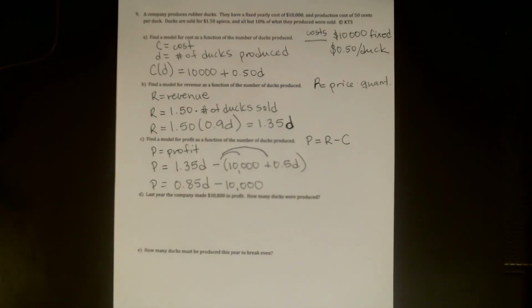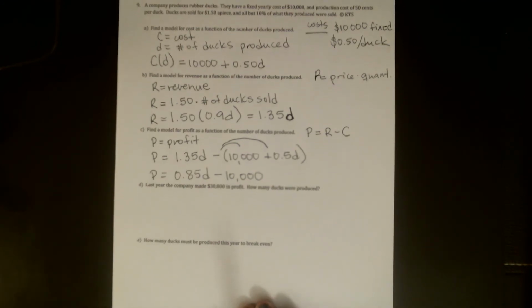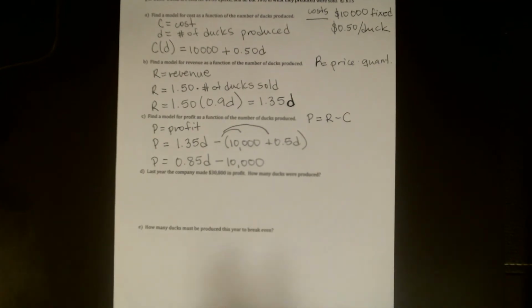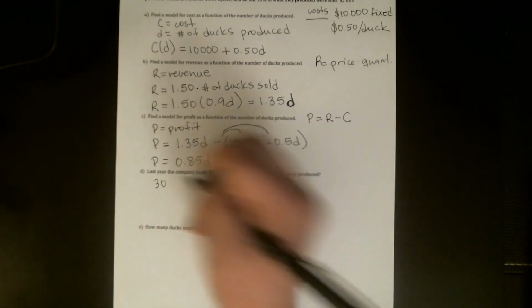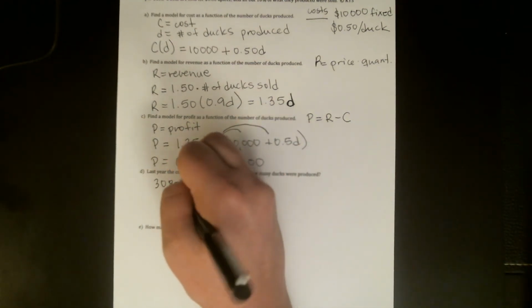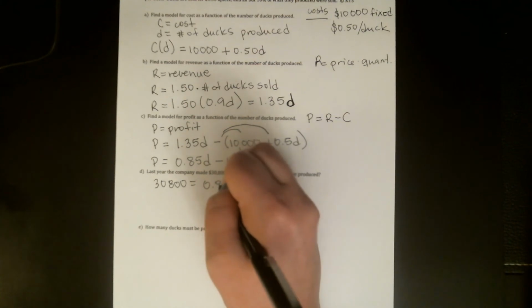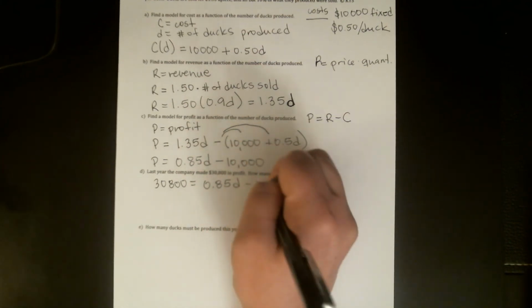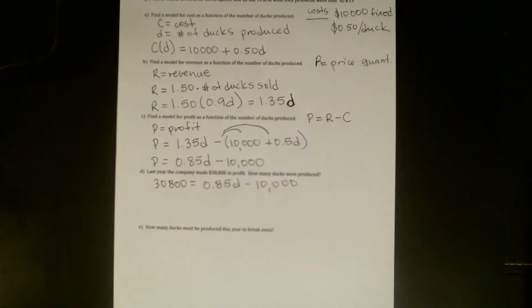Okay, part D. Last year, the company made $30,800 in profit. We're supposed to figure out how many ducks were produced. So this is giving us a value of P, profit. We want to plug that into the equation we just found and solve.